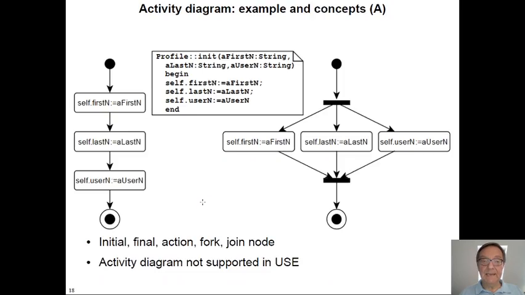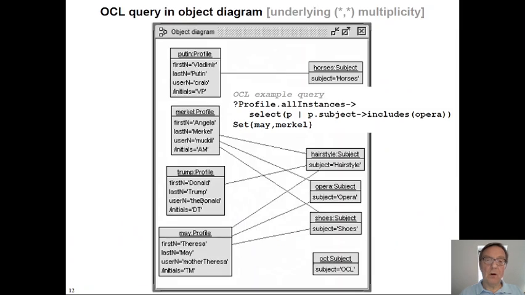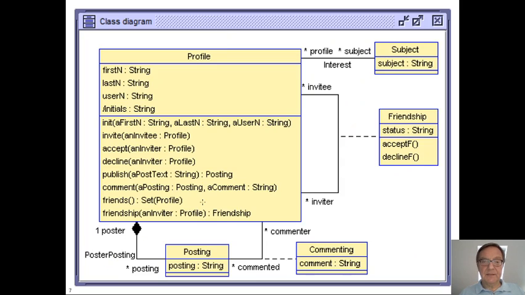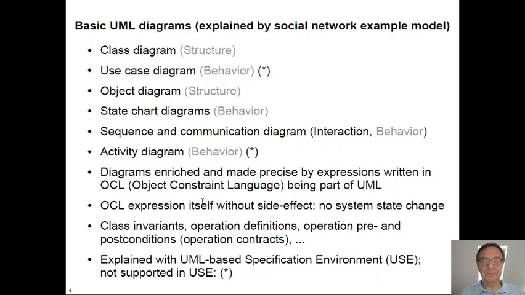We are nearly done, but before closing this part of the course, I would like to bring together the bits and pieces that I have been talking about here in the first part. So, important basic diagrams in UML are the class diagram, which determines the basic structure of your system.